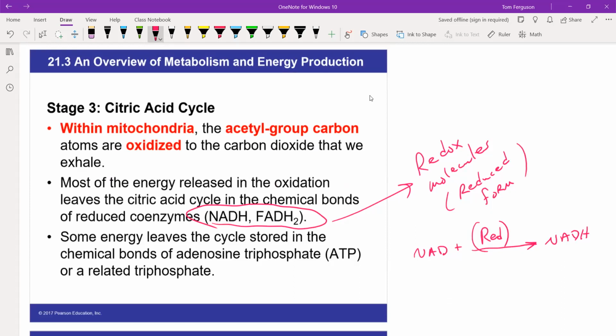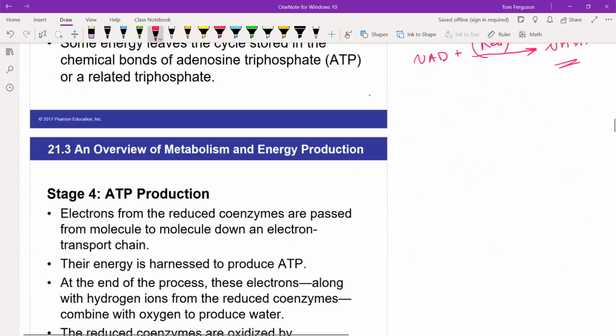So when this is reduced, in other words, it gains a hydrogen and ends up going to that form. And I'm going to show you this as this evolves.